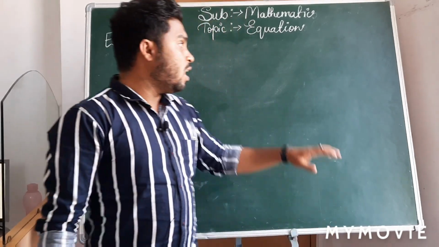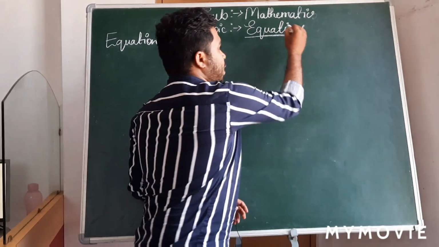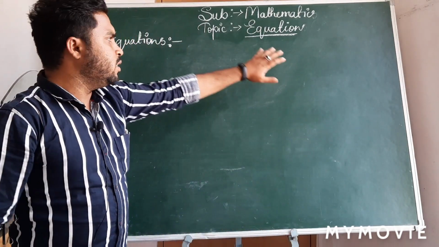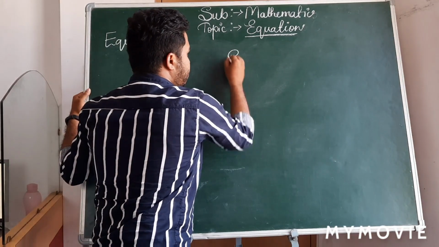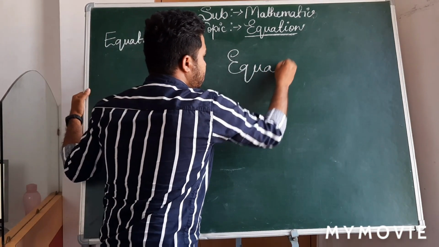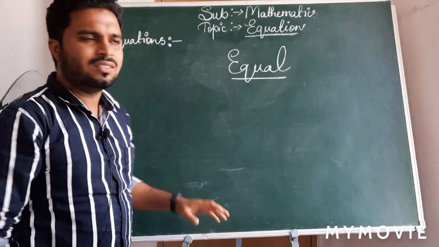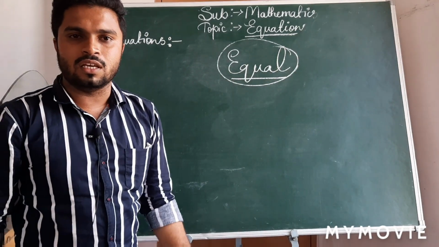Today we are going to learn about the chapter called equations. So in this, students, we get a thing called equal. What is the meaning of this equal? And how do we represent it?